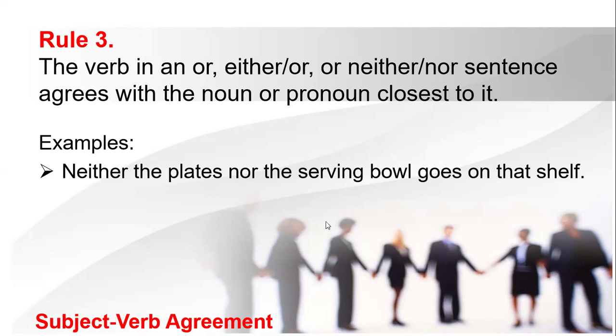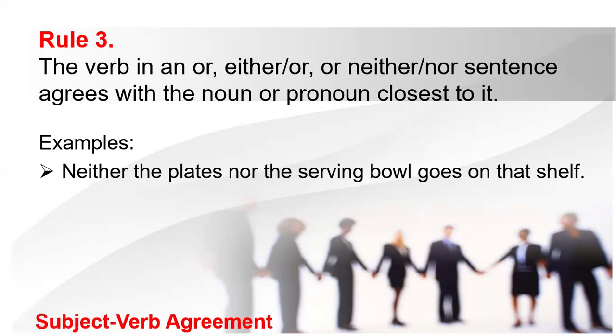Bowl, serving bowl, or plates? Of course, the serving bowl is close to your verb. So when it is close to your verb, you have to decide according to it. And what is bowl? Bowl is singular. So that's why you will use goes, not go.